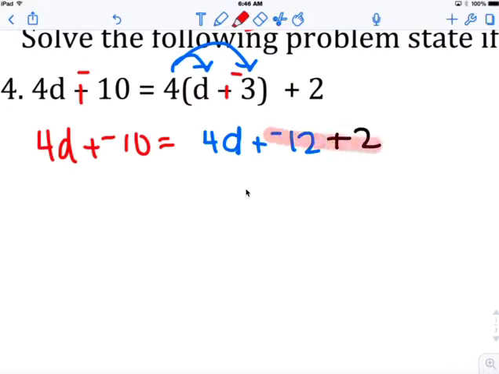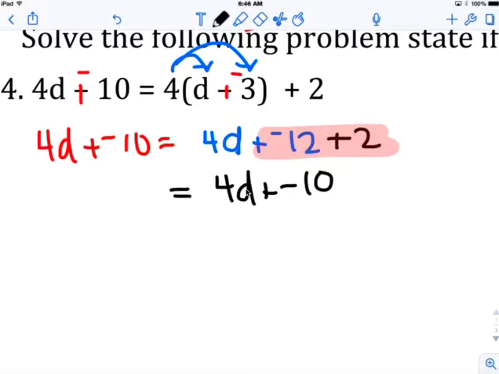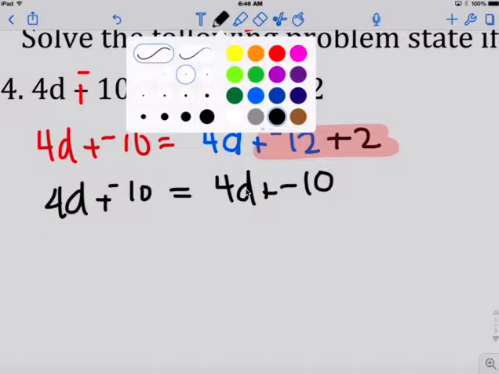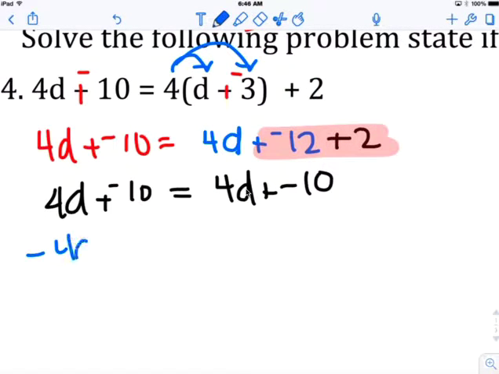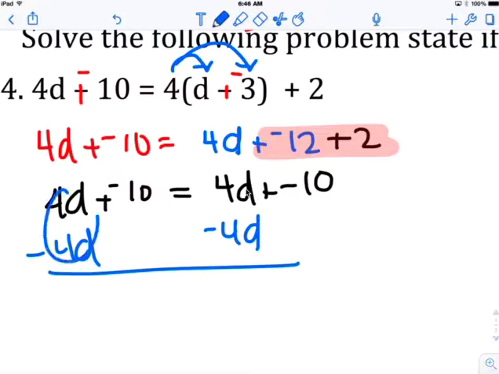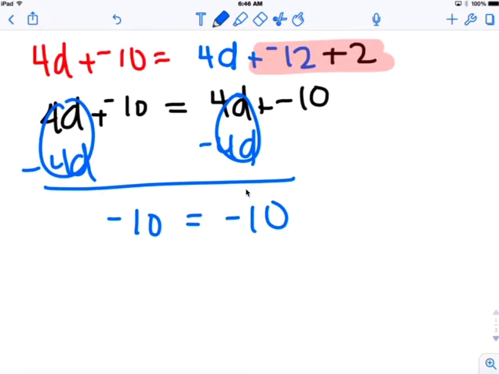These two are alike because they don't have variables. Negative 12 plus 2 is negative 10. That equals 4D plus negative 10. Make 4D equal to 0. Negative 10 equals negative 10. This is infinite solutions.